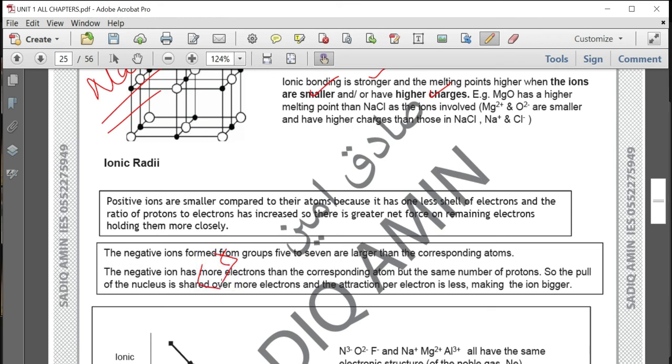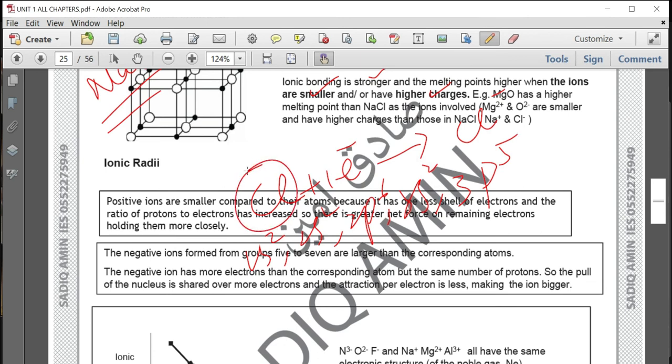And what's the reason for that? So Cl is gaining one electron. The gain of an electron is actually giving it a repulsive force, which is increasing the size. So it was 1s2, 2s2, 2p6, 3s2 and 3p5. Now one extra electron is added, so the configuration is changed into 3p6.